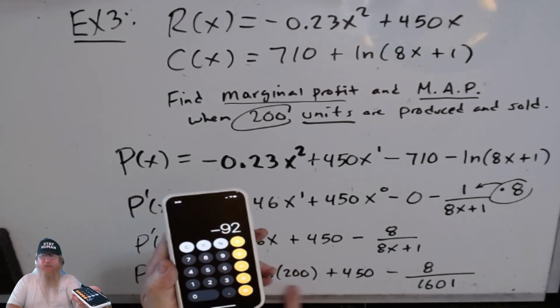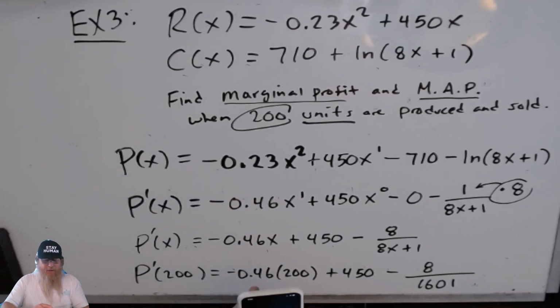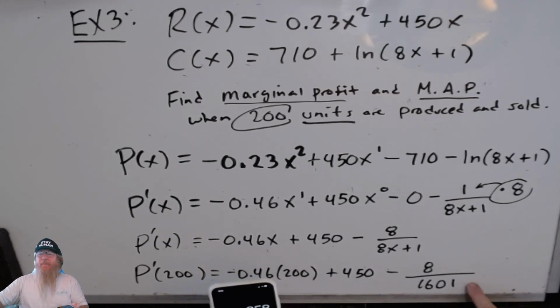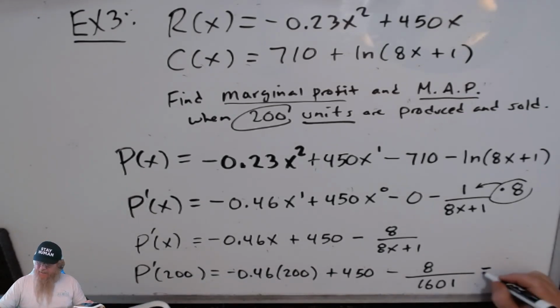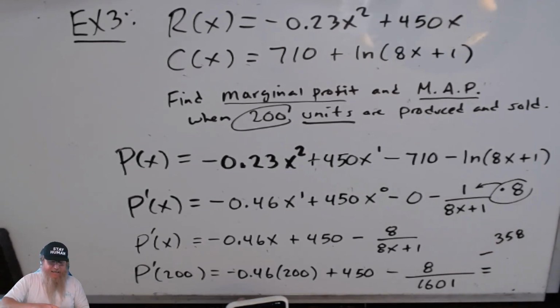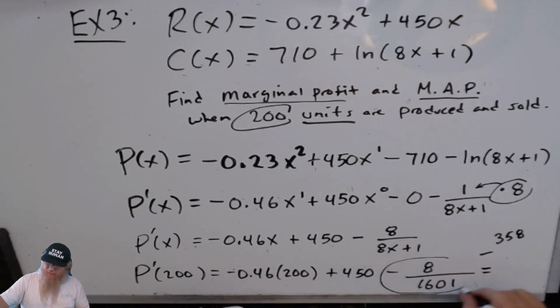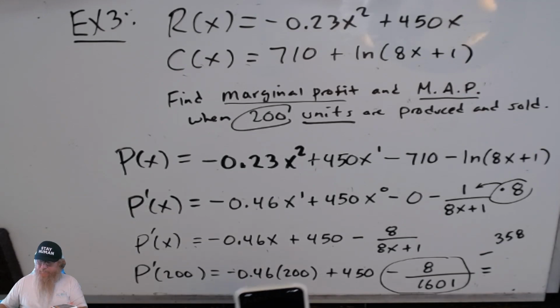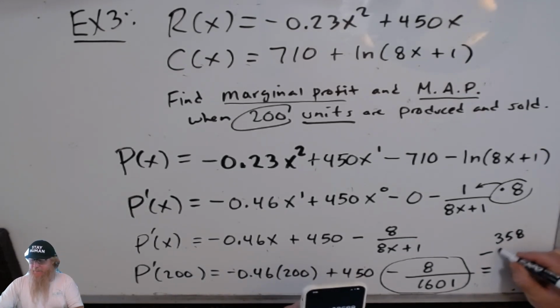It's negative $92. Plus $450. All right. So that's going to be $358 minus this. This is almost zero, but I just want to make sure it's not a penny. If it's even a penny, I have to include it. Nope. It's not even a penny.